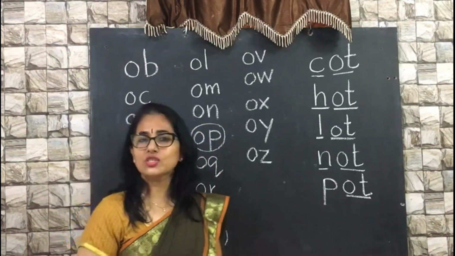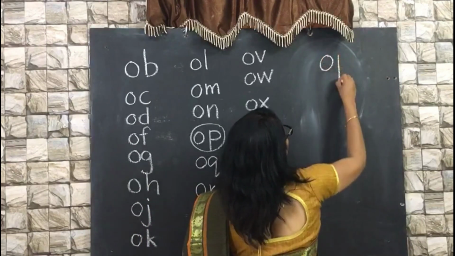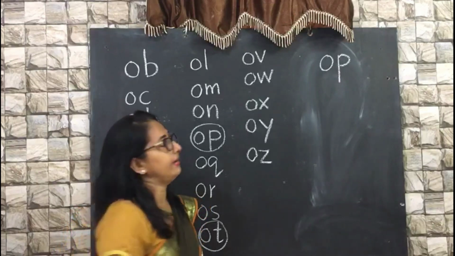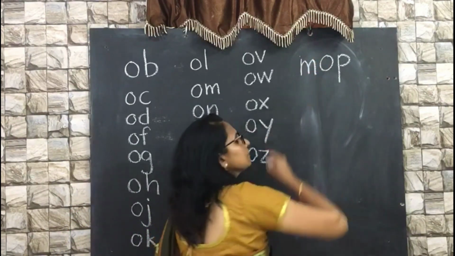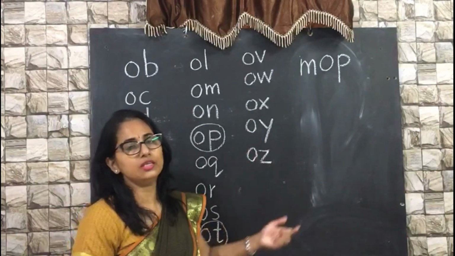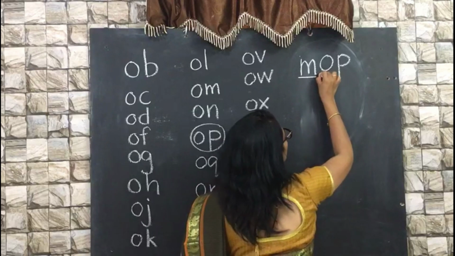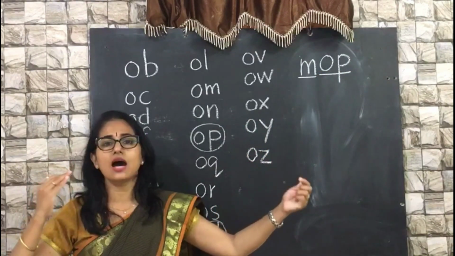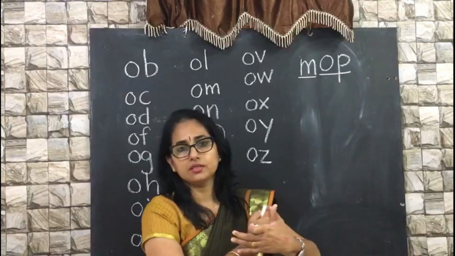Okay, so now the next combination that we are going to do is op. Let's see that. O, p, right? When you add the consonant m in front of it, make your child read m and op together, and ask your child to read a little faster. M, op, mop.